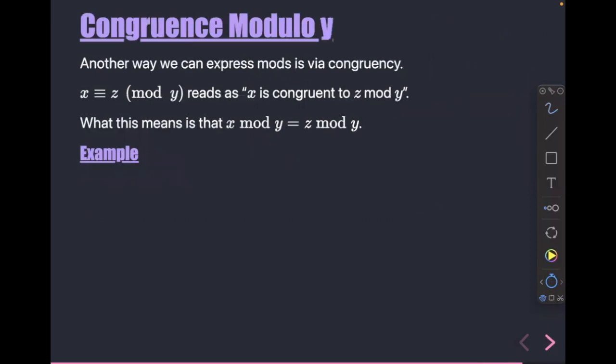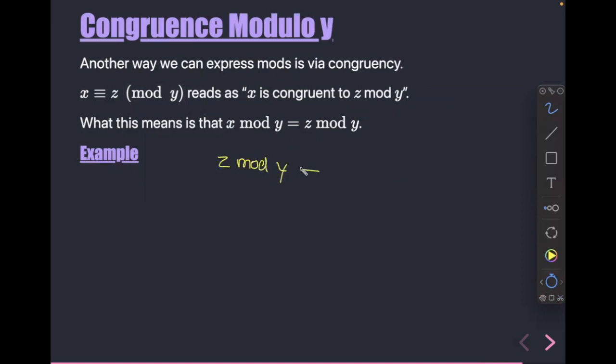So another way you might see mods talked about is in a congruence. And this is something that should probably be new to you. The one thing you want to look out for with the congruence is that the mod is put in parentheses instead of just having z mod y.